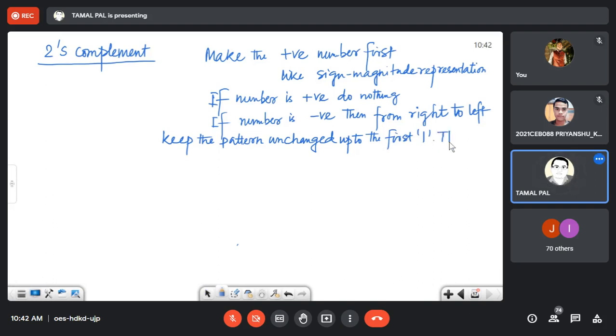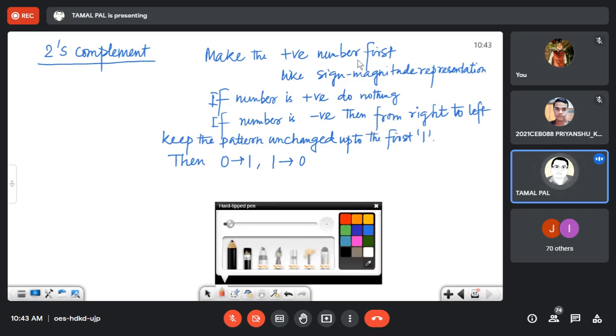Then 0 by 1 and 1 by 0. This is the rule actually.